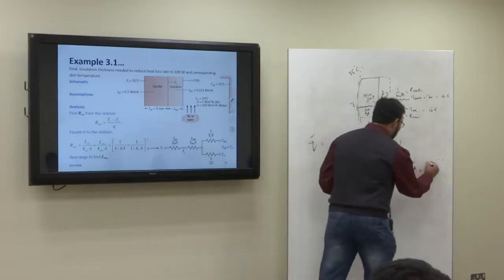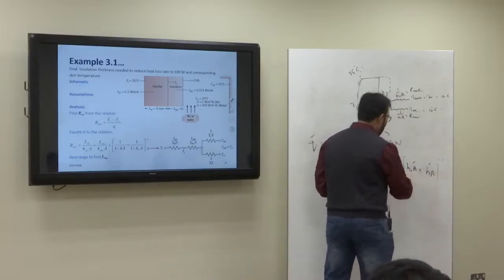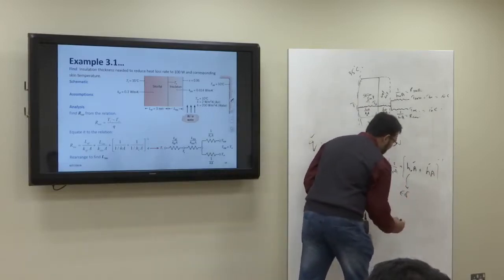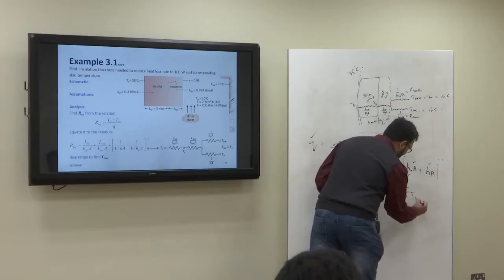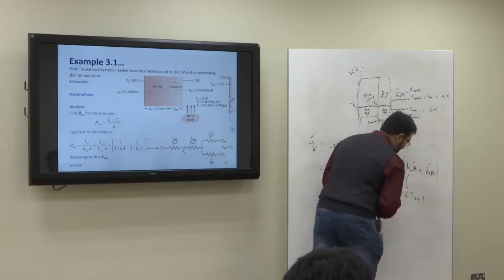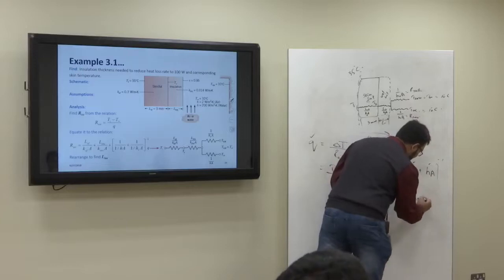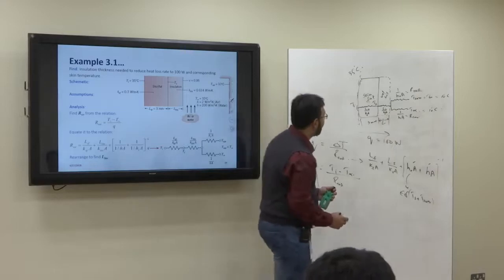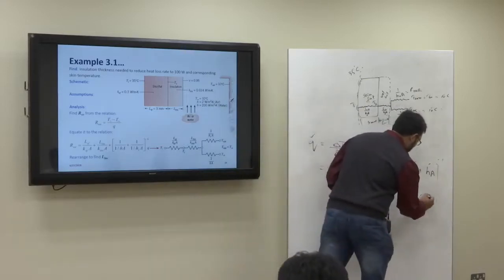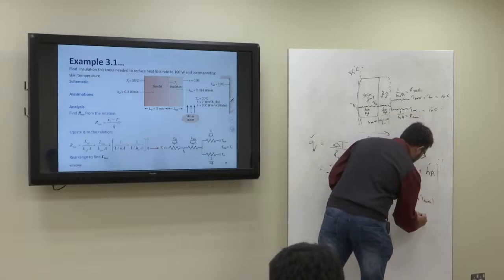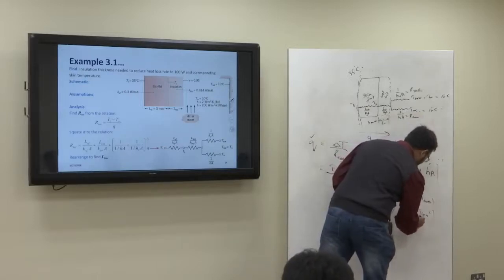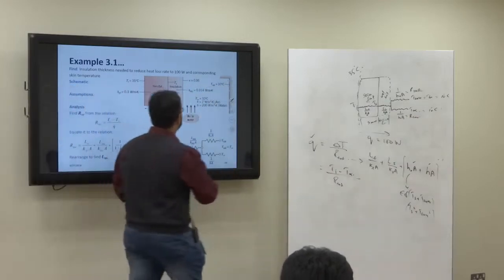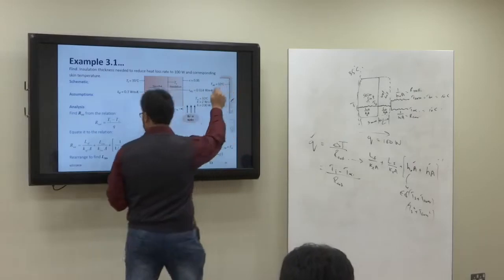We know this h, and hR was epsilon sigma times (Ts plus T surrounding) times (Ts square plus T surrounding square).